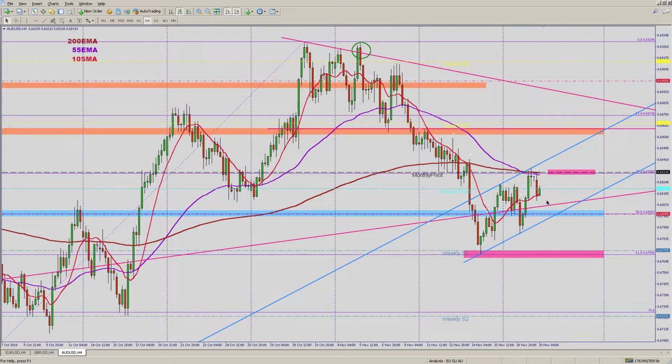So it could consolidate and bounce back off the lower trend line before trying to break through the resistance zone. So we'll see over the next couple of days, and there's only a minor news on Friday with the flash PMI figures.